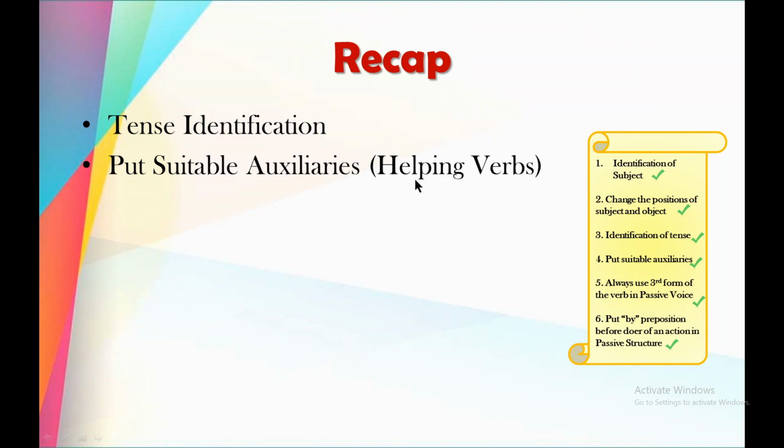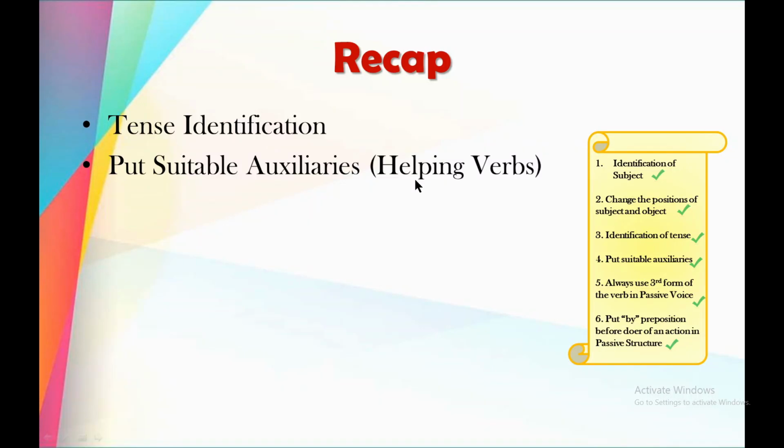My dear students, if I can sum up this lesson, what would be the 2 most important things? The first would be to identify the tense and then put suitable auxiliaries. If you can learn these by watching the video 2 or 3 times or 1 time, it would be a great success for you.